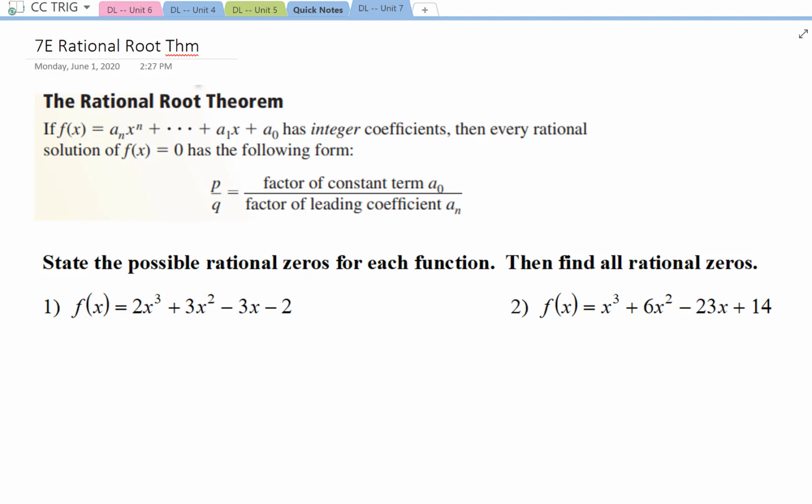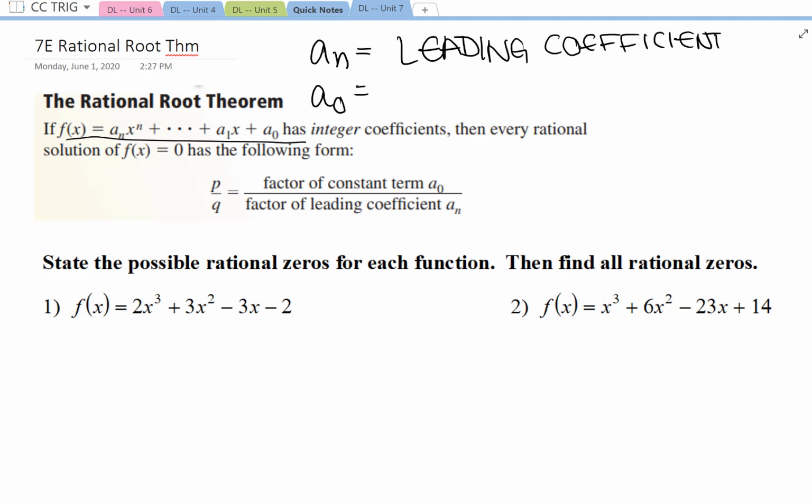The rational root theorem states that if f of x is some polynomial, a sub n is known as our leading coefficient. A sub 0 is the last term written in descending order. That's the constant, the number that doesn't have an x attached to it. Remember, descending order is writing the largest exponent to the smallest exponent.